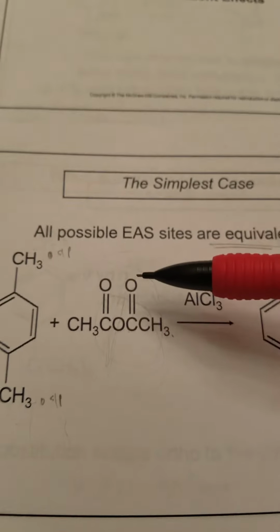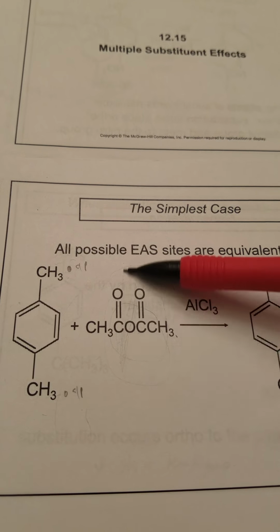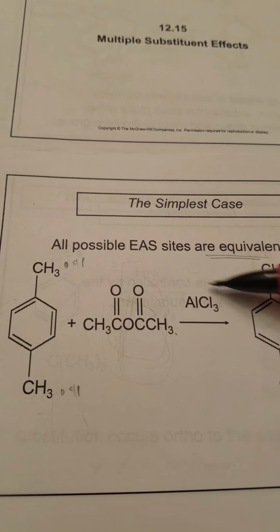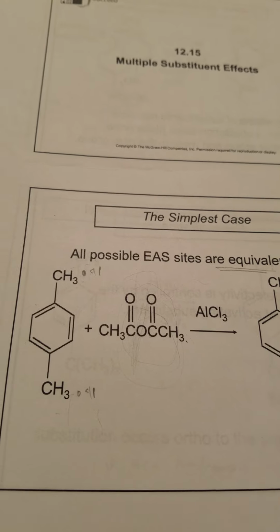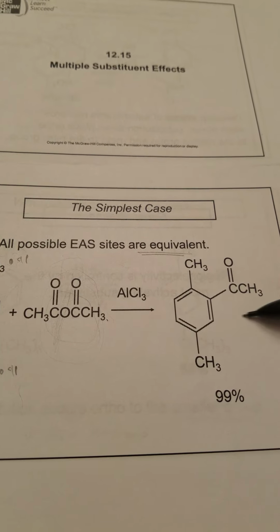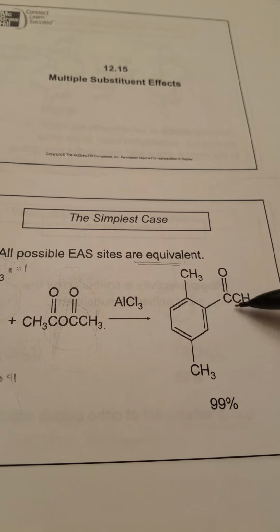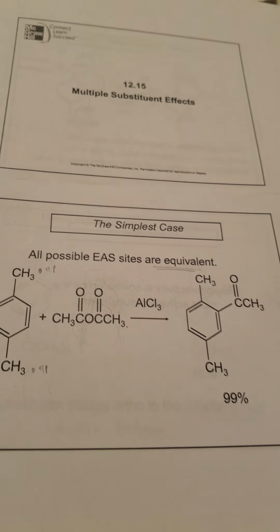Now this, of course, is the acid anhydride, so you're going to break your structure here, use your aluminum chloride as part of the reaction, and then this is what's going to attach onto the molecule in an ortho position. So you could have put it here, here, or here, and it'd all be equal.